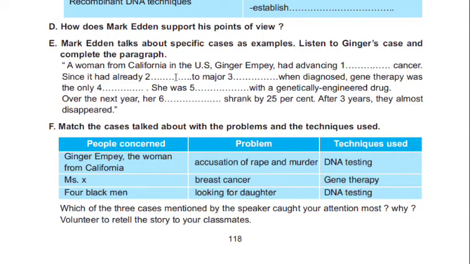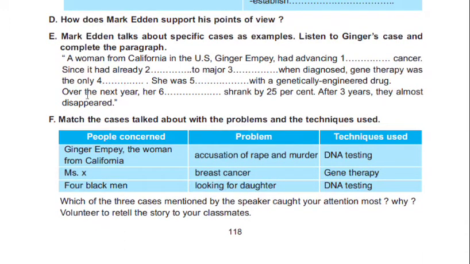It shrank, became smaller in size by 25%, and after 3 years, it almost disappeared. So this is used by Mark Eden as an example that gene therapy works and can be used to treat cancer. Her breast cancer was spreading, and when she was injected with a genetically engineered drug as part of gene therapy, her tumor shrank by 25%, and after 3 years, it almost disappeared.